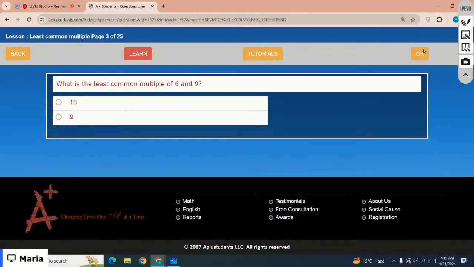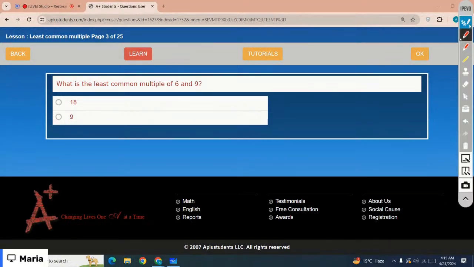What is the least common multiple of 6 and 9? Okay, let's just make the prime factors of 6 and 9, right? That is 2 times 3, and for 9 that is 3 times 3, right?